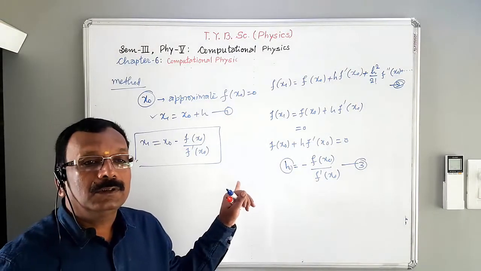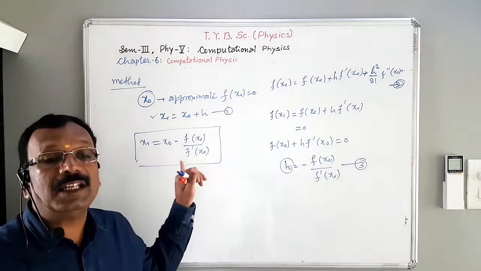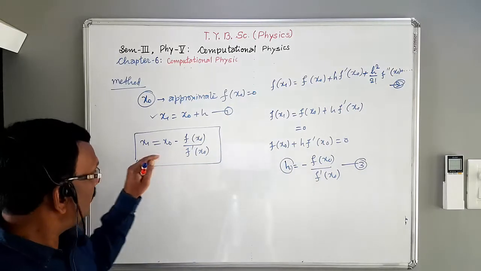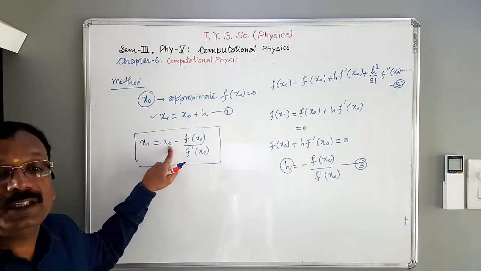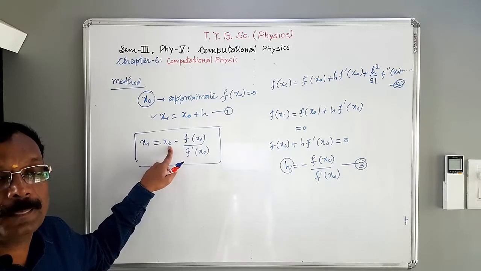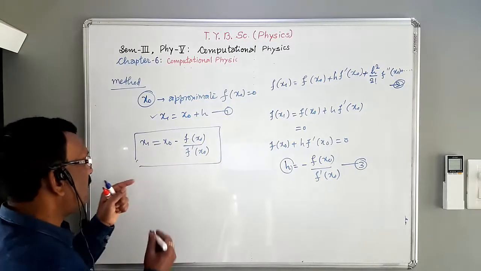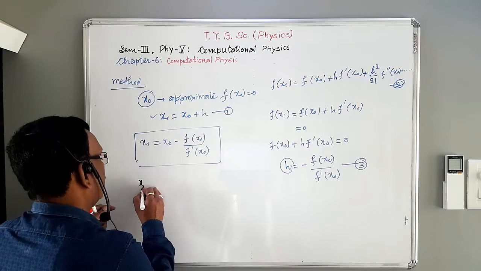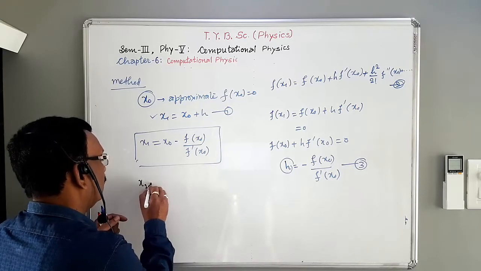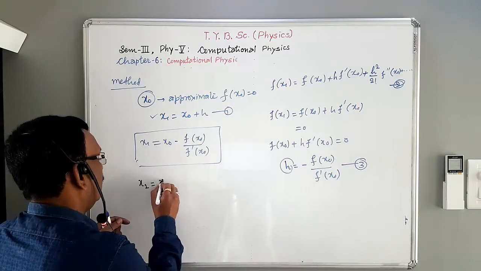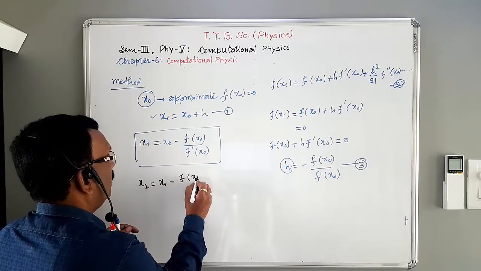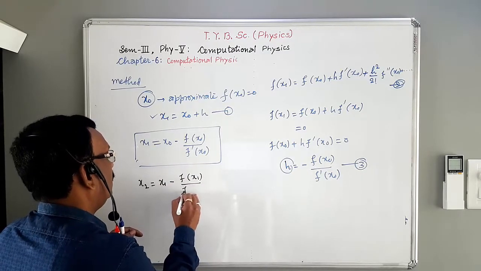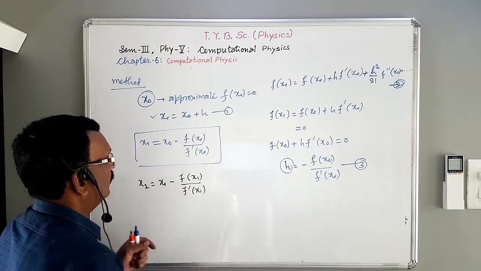Now this gives the next approximation, that is x1, which is obtained from x0. The next approximation looks like this: x2 is equal to x1 minus f of x1 upon f prime x1.